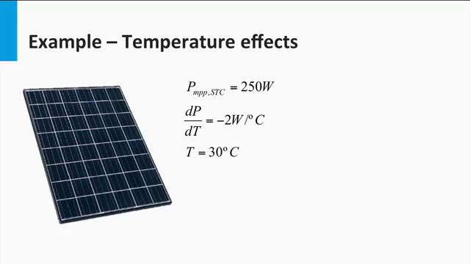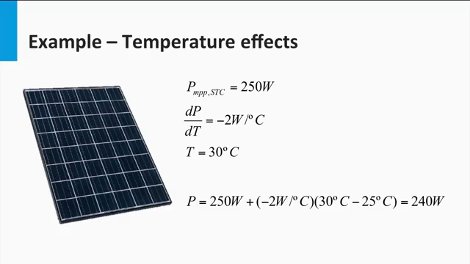Let's take a look at an example. If the maximum power output of a PV module under standard test conditions is 250 watts and the temperature coefficient of power is -2 watts per degree Celsius, then the module's power output at a temperature of 30 degrees Celsius can be calculated as follows.